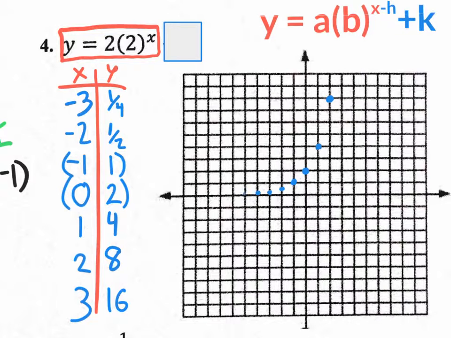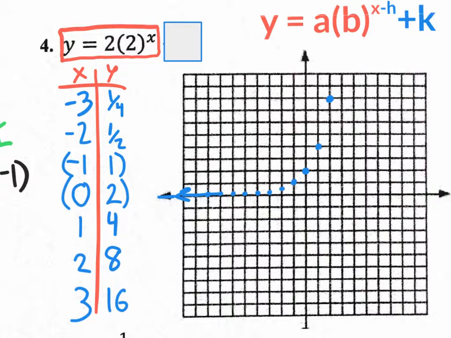So -4, 1/8, 1/16, 1/32, 1/64, 1/128. At this point, all the dots look like they're just on the x-axis, even though we know that they're not on the x-axis, they're just infinitely approaching the y value of 0, but never actually touching. So this right here is the asymptote of our parent graph, but that's not our real graph.